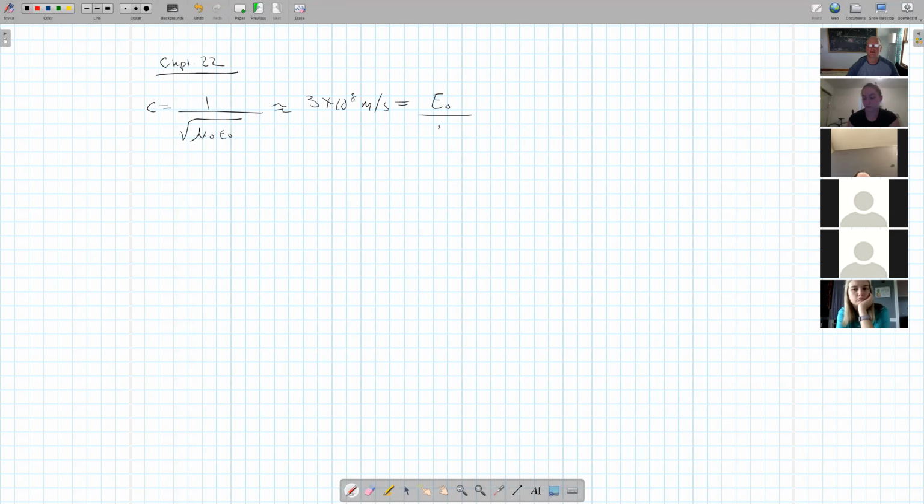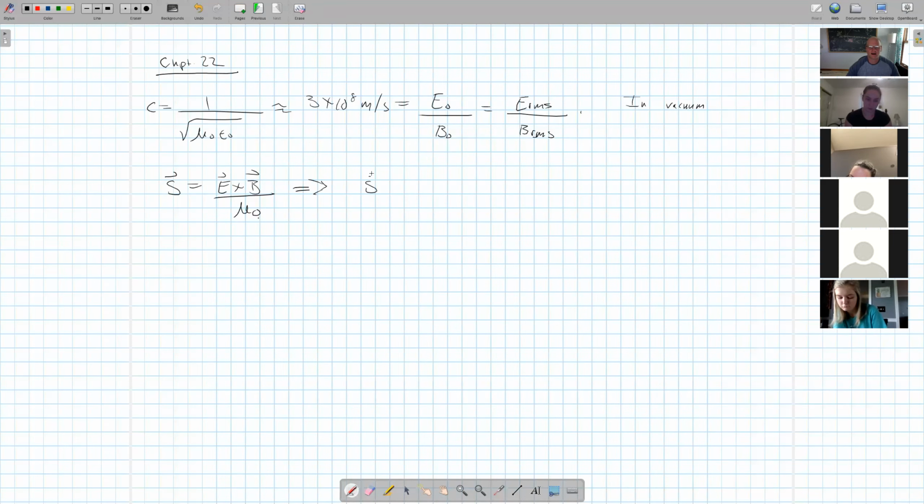Other than that, we also saw what? Our Poynting vector. Our Poynting vector S was equal to the electric field crossed with the magnetic field divided by mu naught, which means the magnitude of our Poynting vector, which is equal to the intensity, is equal to the electric field times the magnetic field divided by mu naught.